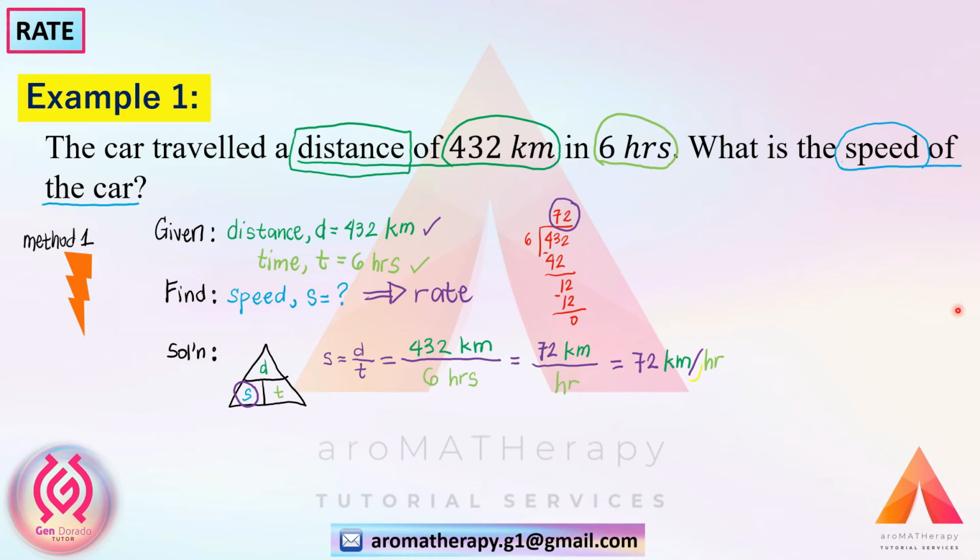So here, si hour na to, or si slash na yan, galing sa fraction bar. Very good. Or you can also write it as 72 kph. kph is read as kilometers per hour.